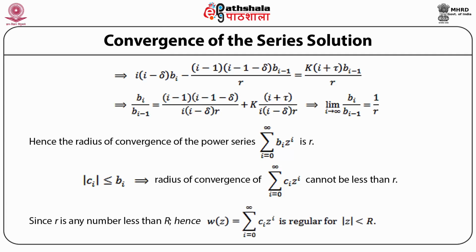Further, since small r is any number less than capital R, it follows that summation i going from 0 to infinity Ci z raised to power i converges for mod z less than capital R, and the function w(z) equal to summation i going from 0 to infinity Ci z raised to power i is regular for mod z less than R.